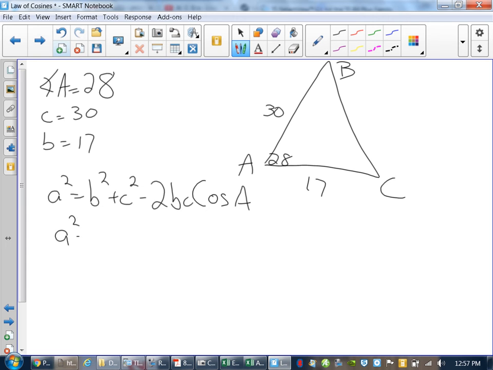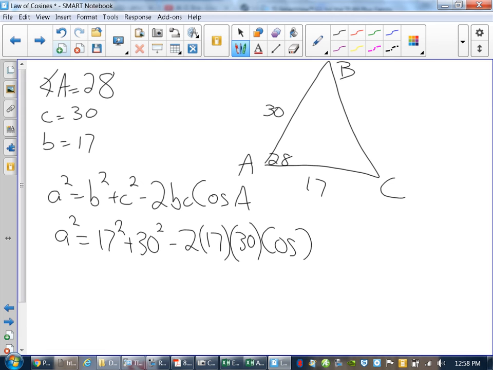Little a squared is 17 squared plus 30 squared minus 2 times 17 times 30 times the cosine of 28. That is a long string of some crummy numbers.